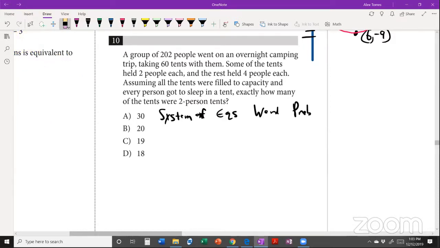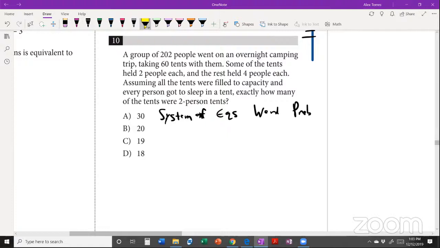So for the system of linear equations, we're dealing with 2 types of items. So here, there are tents that hold 2 and tents that hold 4. On another question it is puppies and kittens, Sprite and Coke, hot dogs and hamburgers, who knows? But you have 2 types of items, and you're pretty much always going to be given the total.